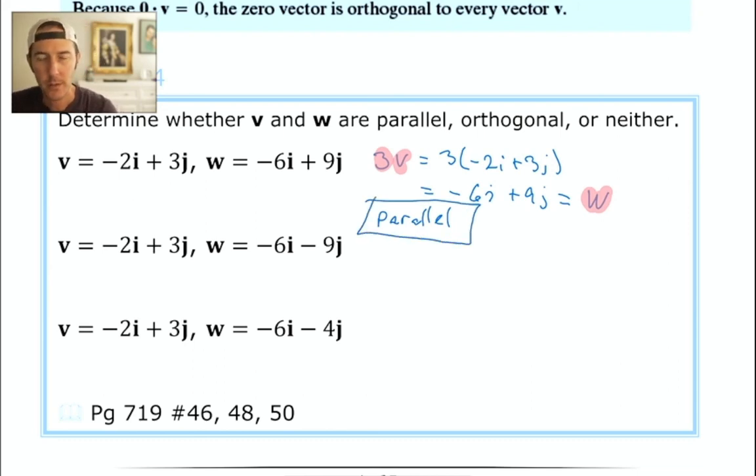So if you've written down exactly what I've written down, including the highlighting of the 3v and the w, when you read through these notes again later, that might not be enough to help the conclusion of parallel make sense.